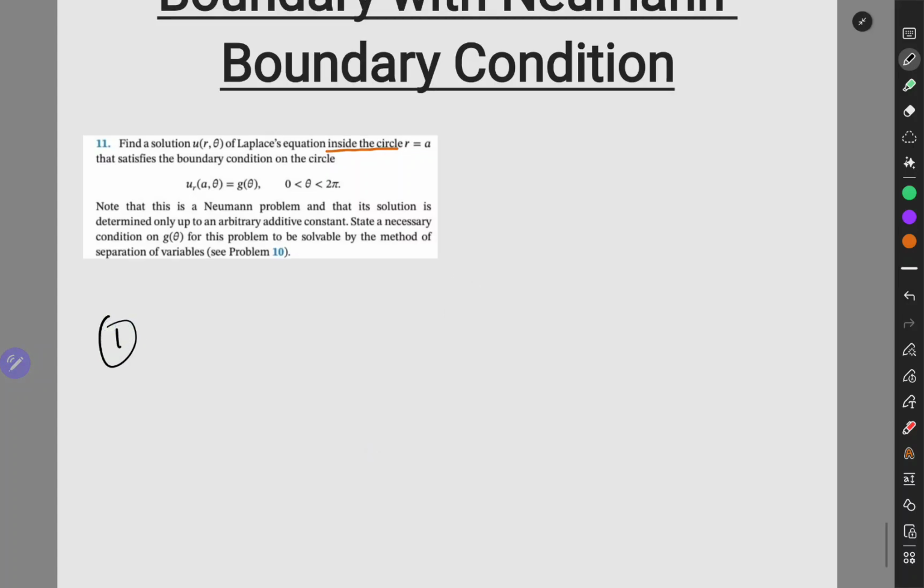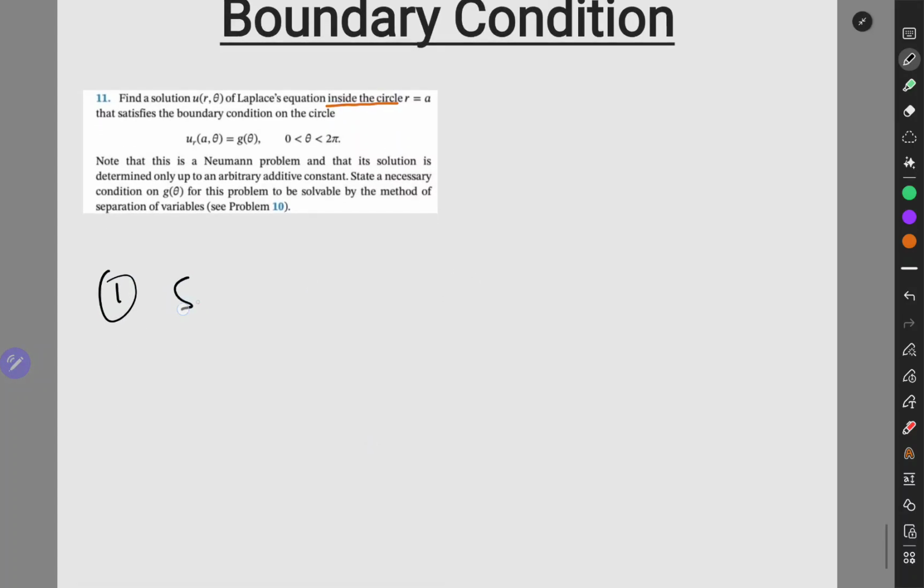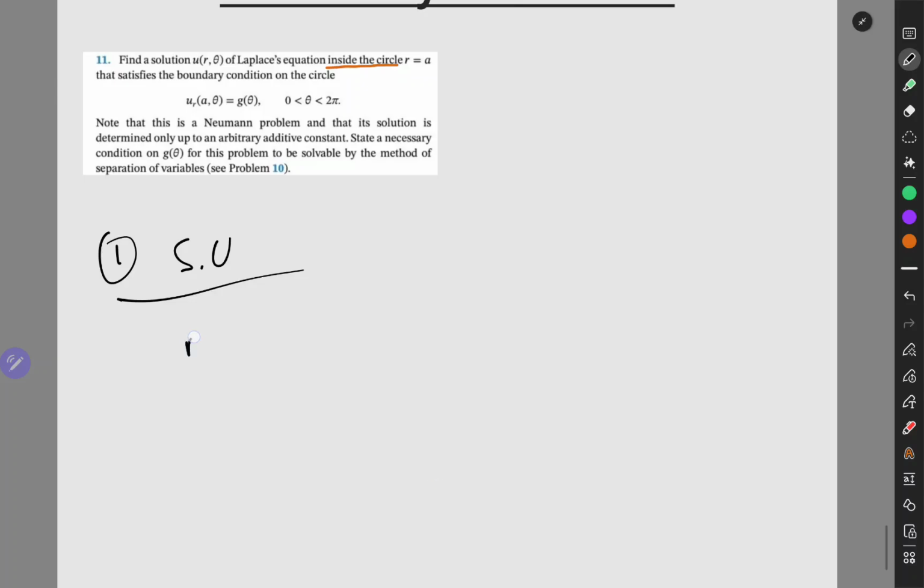But anyway, step one, we separate the variables. We were left with this ODE and this ODE.